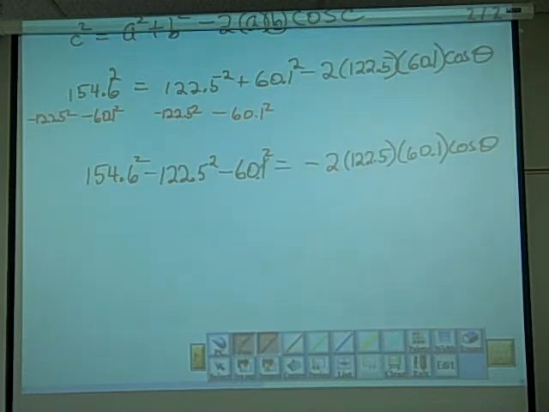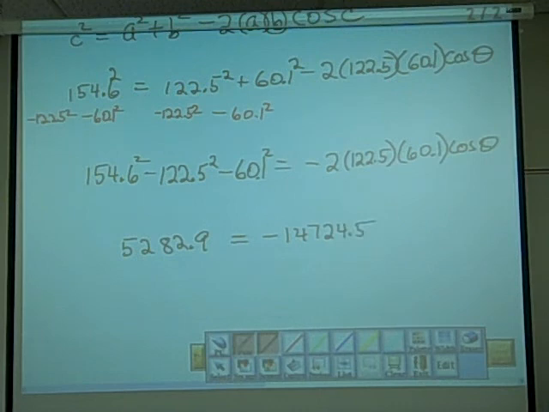We calculate all this out, and we get 5282.9, and that equals negative 2 times 122.5 times 60.1, which is negative 14724.5 cosine theta. So we go ahead and divide both sides by that.